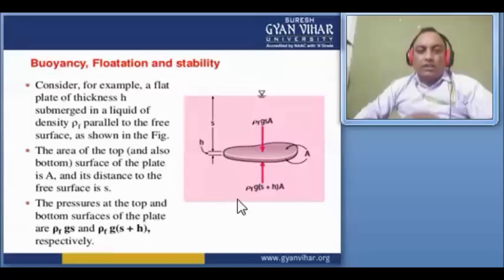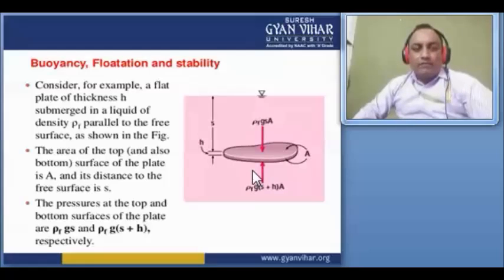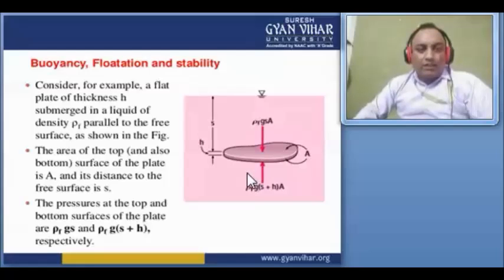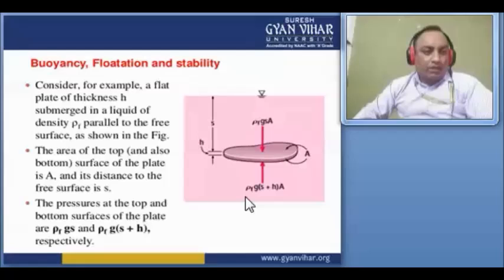So you can see in this figure that the pressure at the downside of the body is more compared to the pressure at the upward side of the body. For this case, this body produces an unstable equilibrium, right?